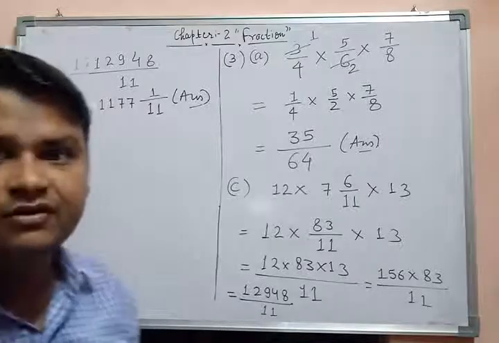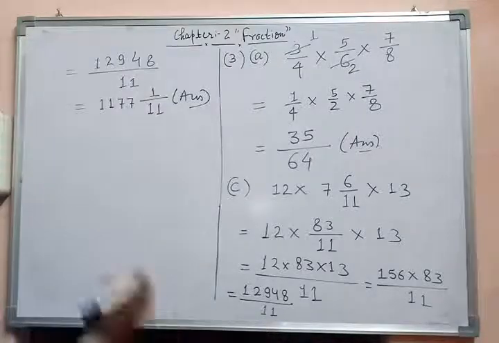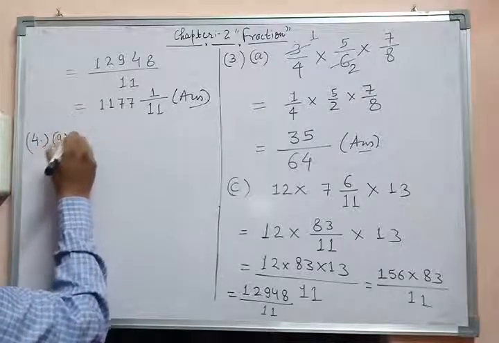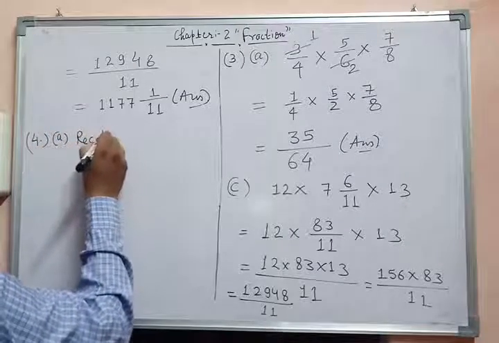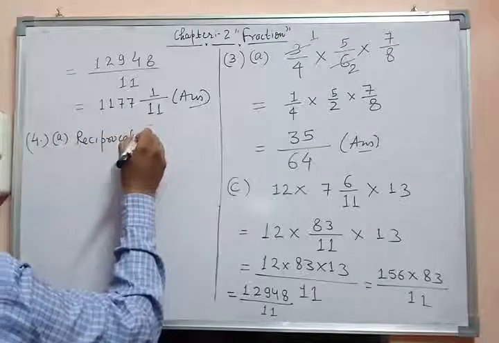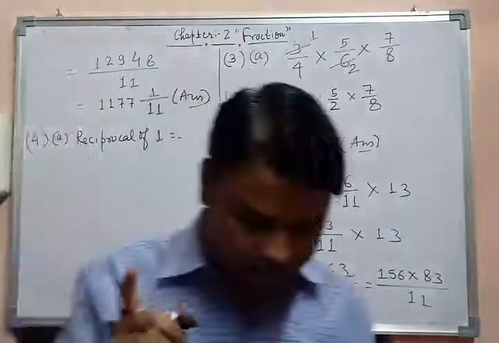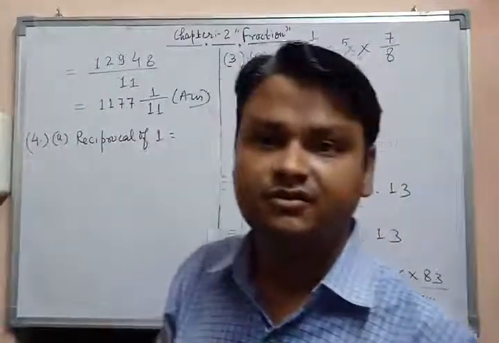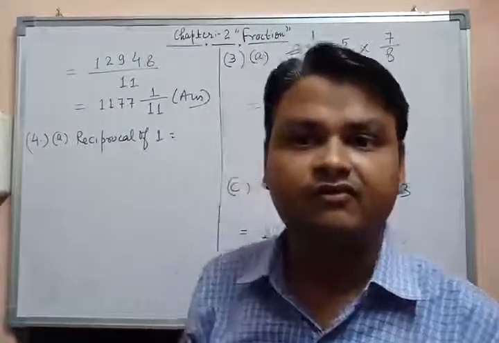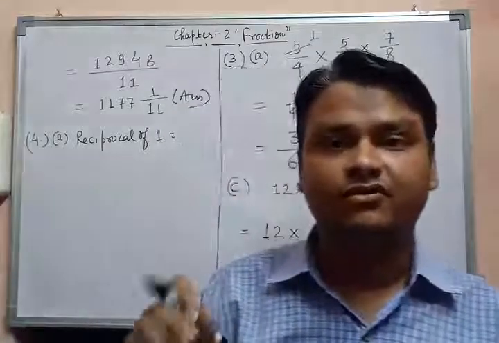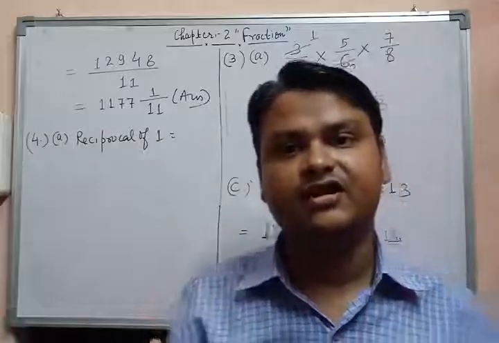Now question number 4, you have to write the reciprocal. Question number 4, A part, reciprocal of 1. So students, listen carefully to what I am saying. 1 is the only number whose reciprocal is the same.